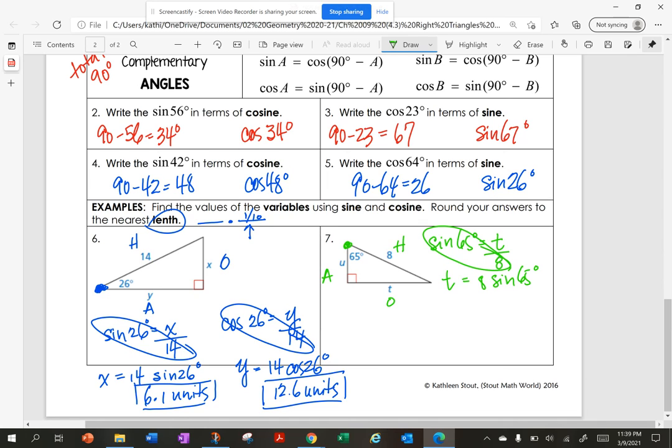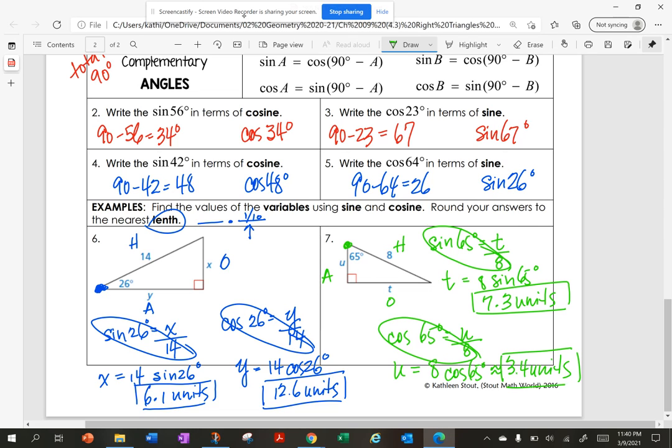Rounding to tenths, I get about 7.3 units. And the cosine of 65 degrees is my adjacent, u, divided by 8. So I get u equals 8 times the cosine of 65 degrees, which is approximately 3.4 units. How'd you do?